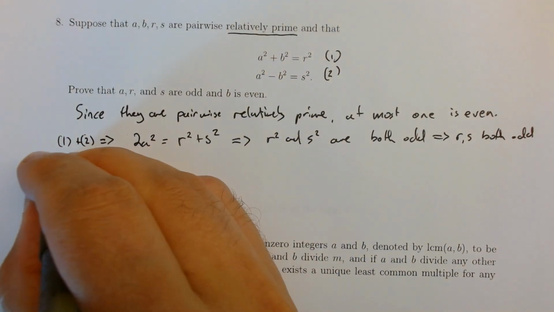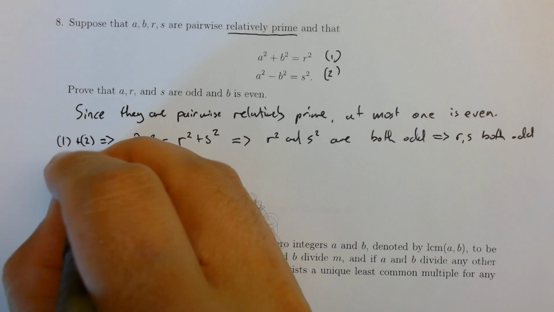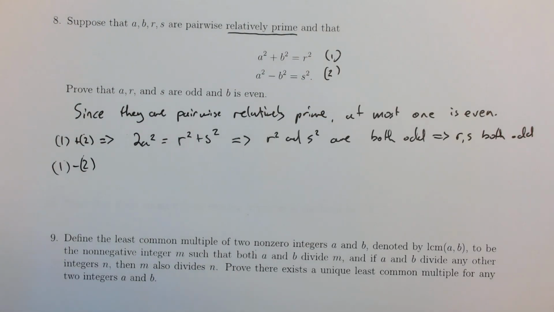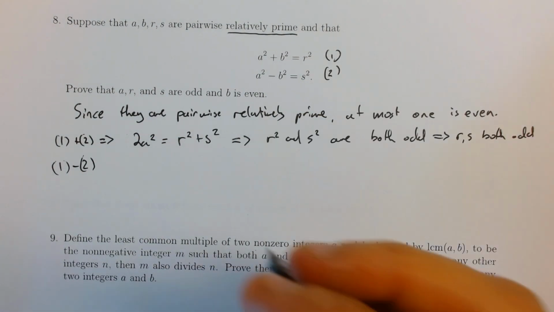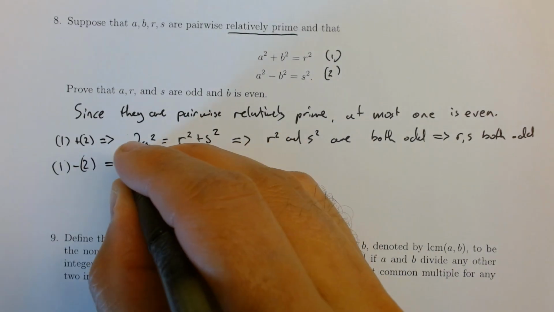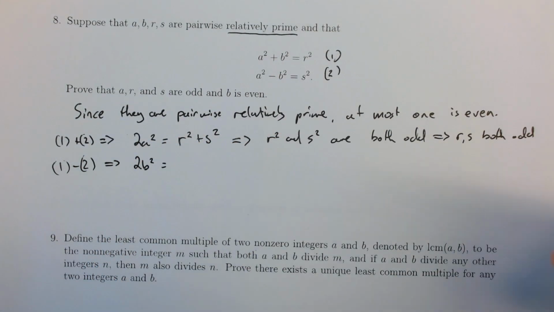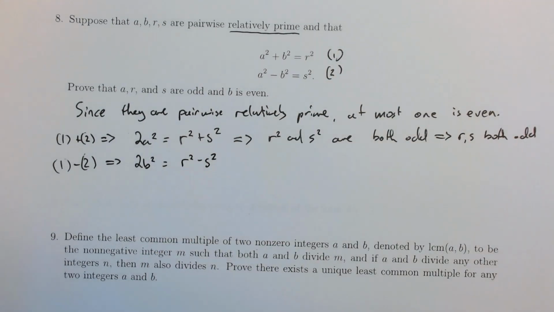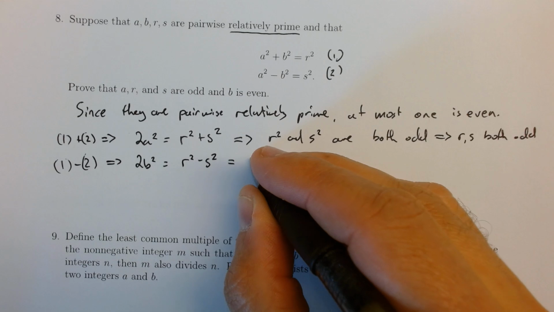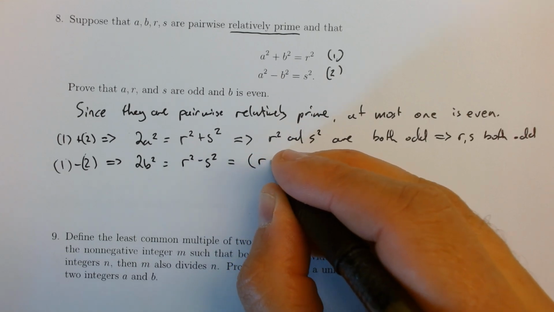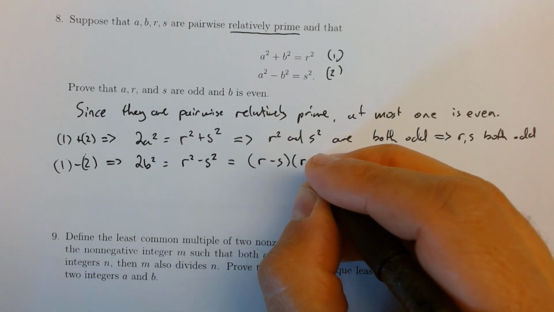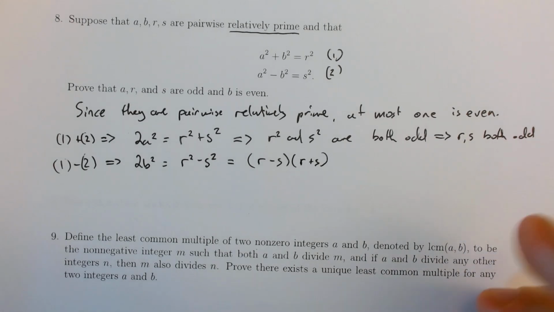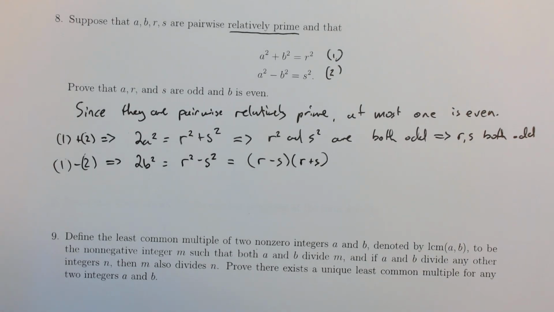All right, let's see what happens when we subtract them. So 1 minus 2 is just subtracting. This time the a squareds go away, and we get 2b squared is now r squared minus s squared. But here we can take advantage of the difference of squares formula. So this is (r minus s)(r plus s). And we'll use the fact that we just showed that they're both odd.